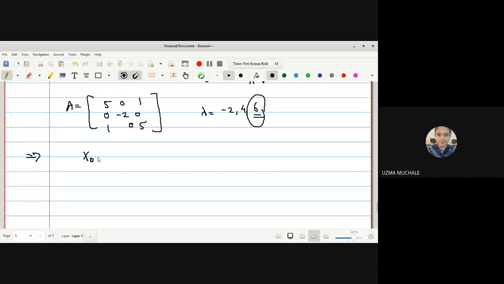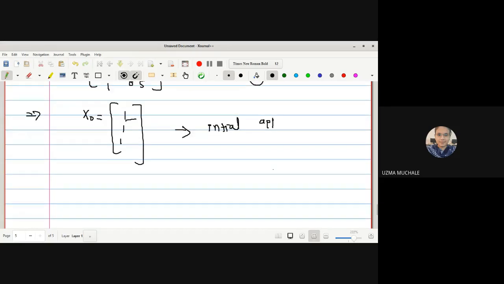Let us assume x naught is equal to the eigenvector 1 1 1. So this is our initial approximation for an eigenvector, and we assume that lambda naught is equal to 1.